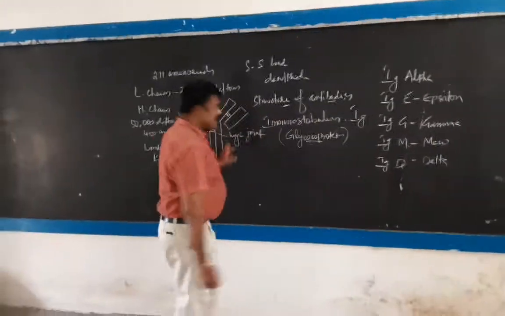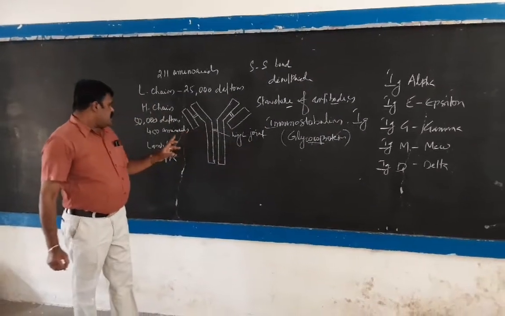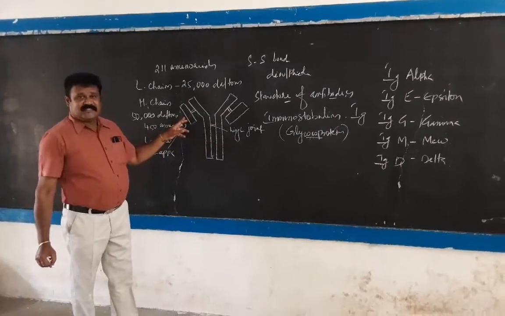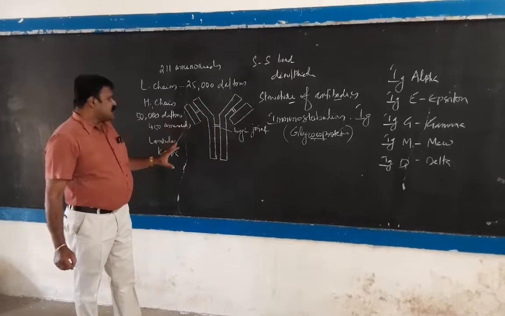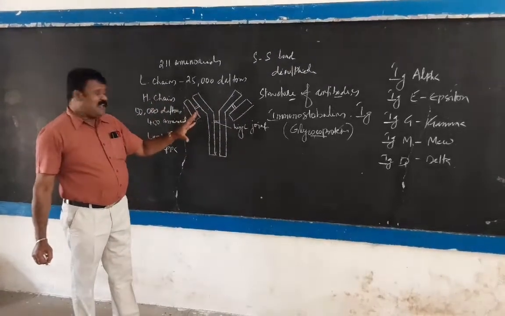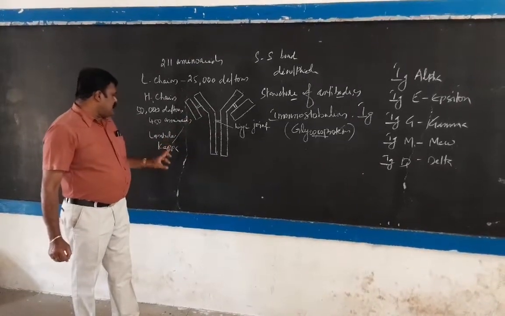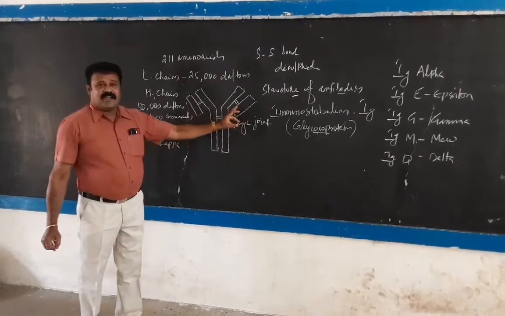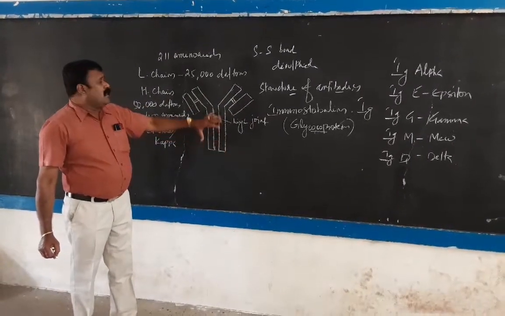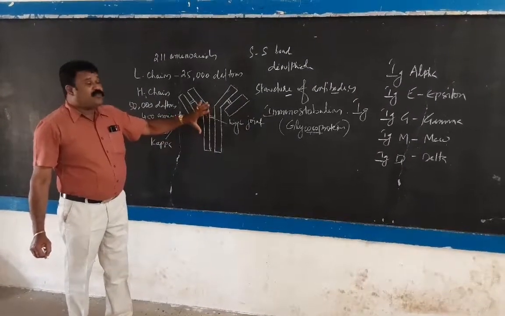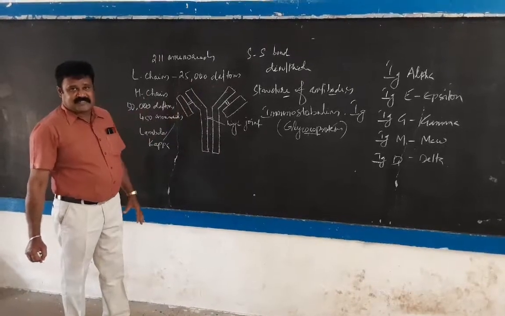So, once again I tell you, regarding the light chains, there is no variation among the antibodies, because all the antibodies may contain either lambda particles or kappa particles in their light chains. But heavy chains are varying, they may have different types of particles.